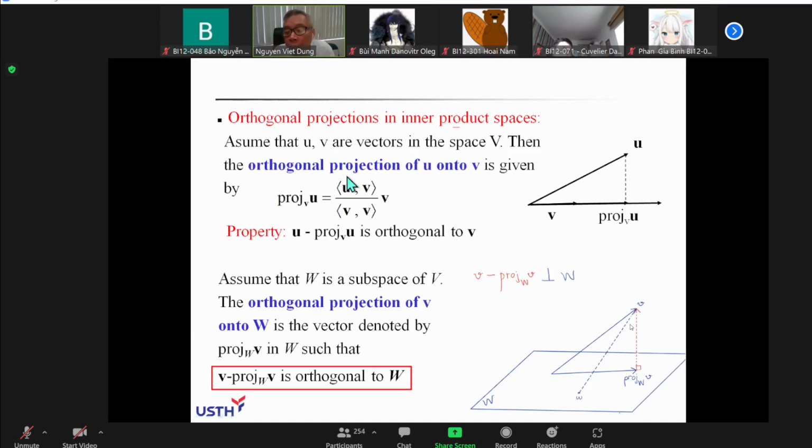And obviously, that vector is orthogonal to the plane, or to the subspace W. That is the definition of orthogonal projection on the subspace.